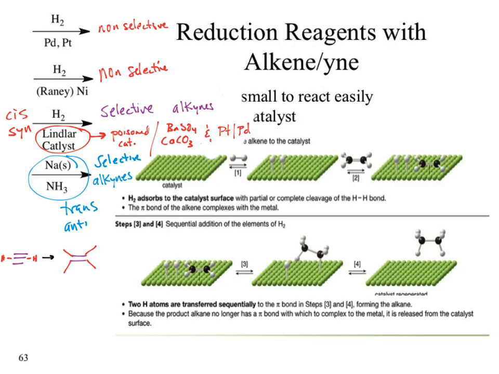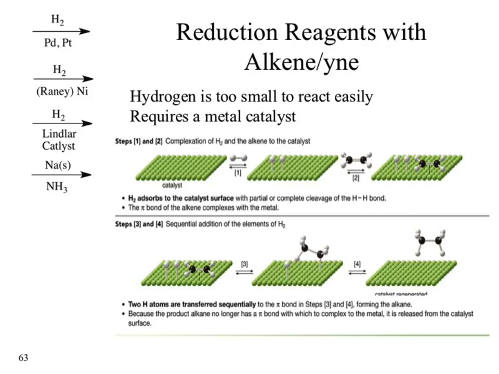Okay. With that, we're going to delete it all and go right back to the very beginning. When we're talking about our metal catalysts, we have a metal surface that brings the hydrogen close to the pi bond. Hydrogen is too small of a molecule. It cannot physically reach both carbons. If it can't reach both carbons, then a bond would have to break so that it could then get to the other carbon. But then that means, what do I have floating around? Okay, one option would be an acid.